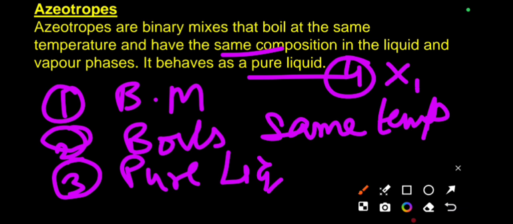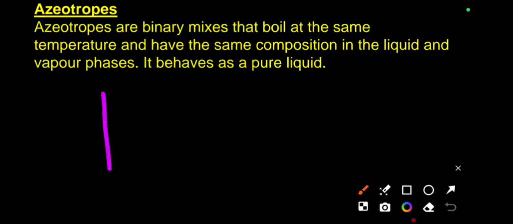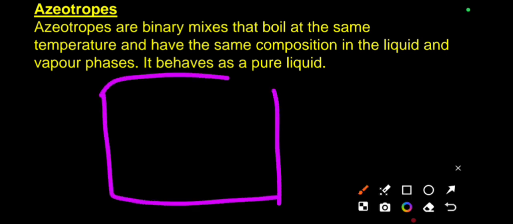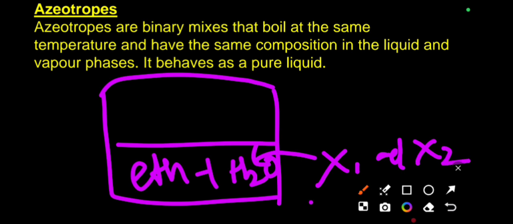It means x1 must be equal to y1. What is x1 here? It is the mole fraction in the liquid phase, and y1 is the mole fraction in the vapor phase. So I will explain by taking a closed beaker. In that you have ethanol plus water. Here it is the liquid state only, so you can represent it by x1 and x2: x1 for ethanol, x2 for water.